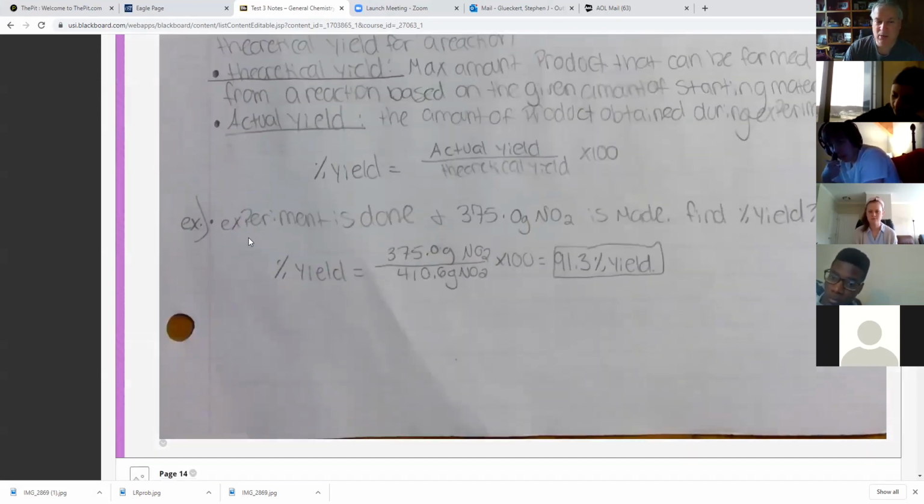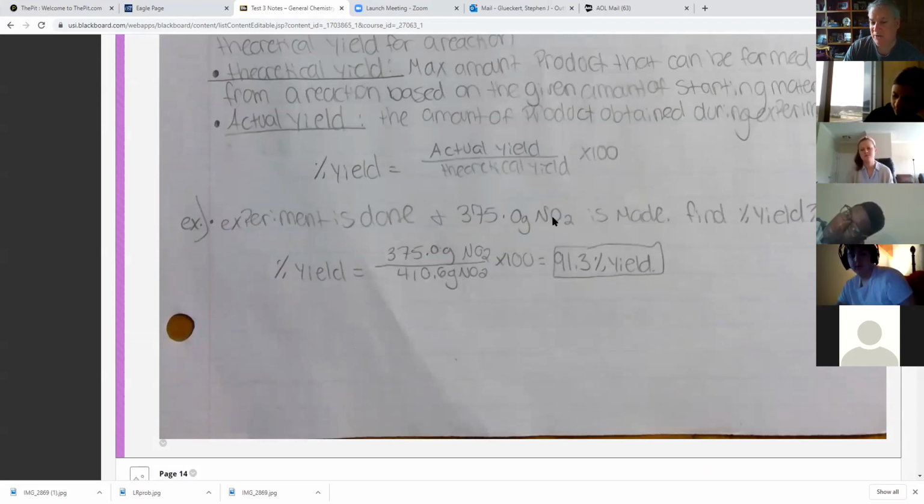Basing our example off that, let's say we isolate and weigh 375.0 grams of NO2. Based on that, we want to find percent yield.